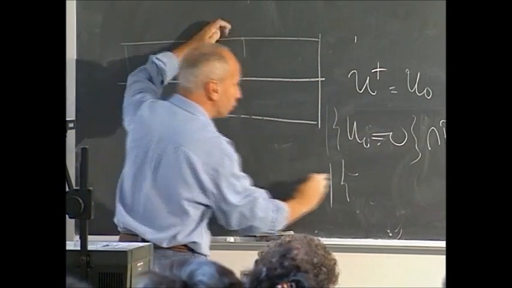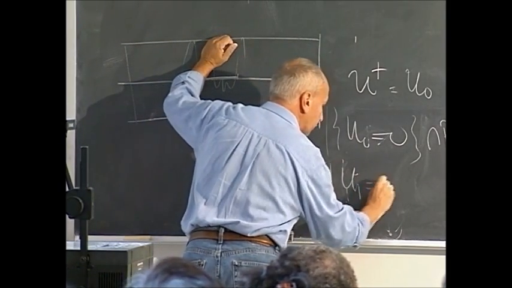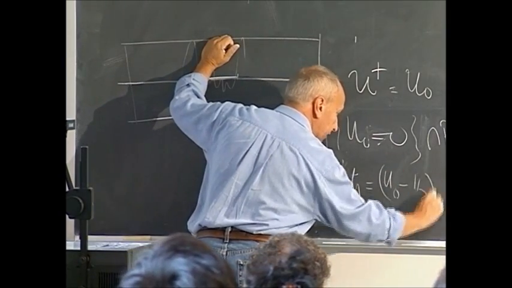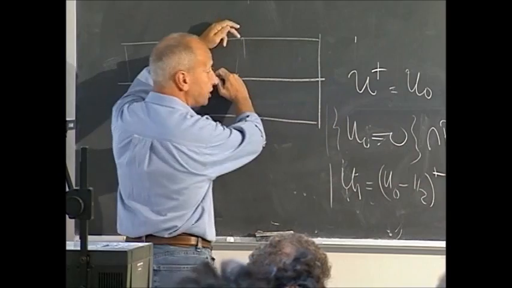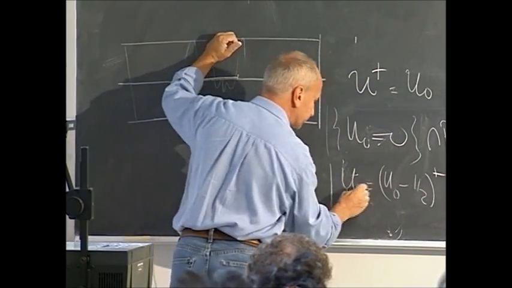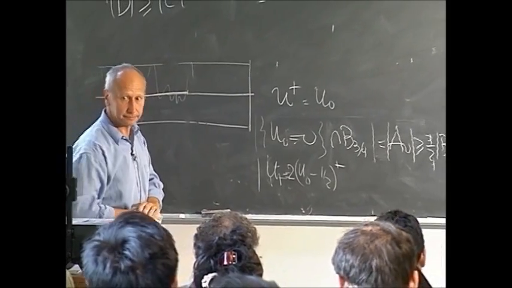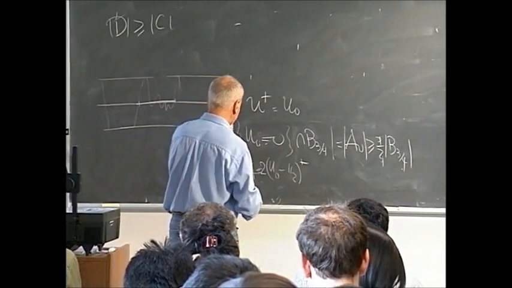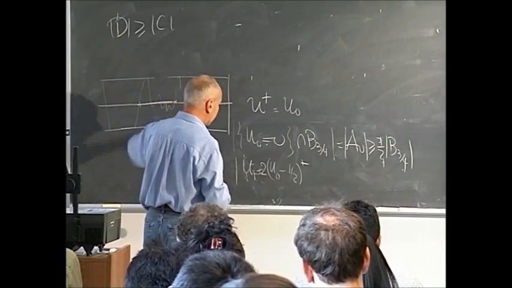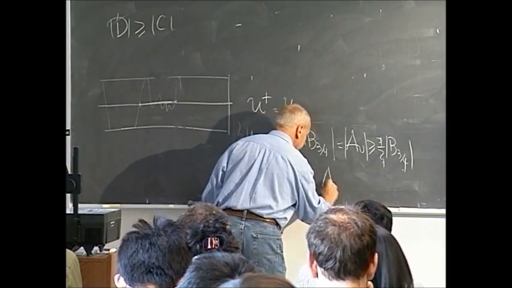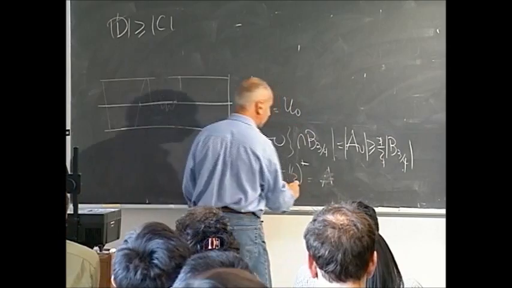U1 now is U0 minus 1/2 plus, that is this piece, times 2. Now I have A1. So now let's look at A1.